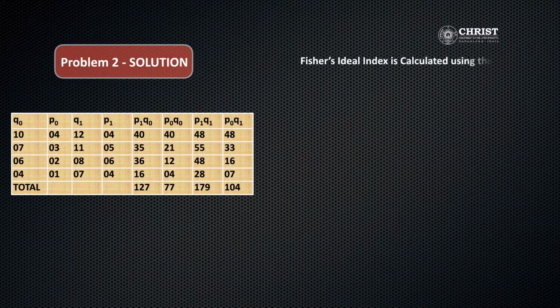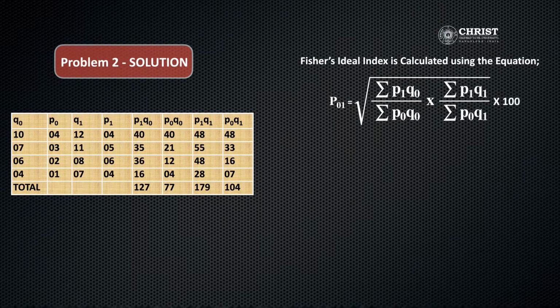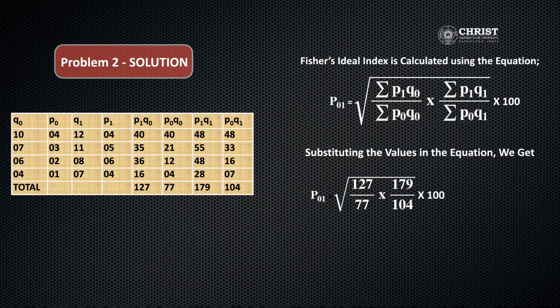Now we have to substitute the values in the equation, that is P01 is equal to square root of sigma P1 Q0 divided by sigma P0 Q0, into sigma P1 Q1 divided by sigma P0 Q1, into 100. We get the index as root of 127 divided by 77, into 179 divided by 104, into 100.